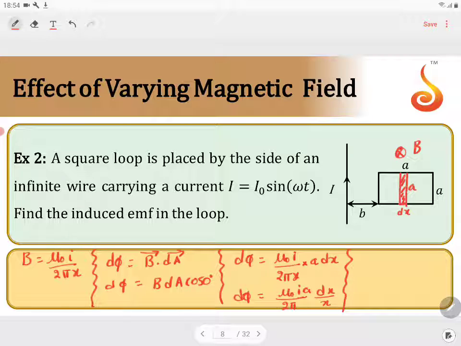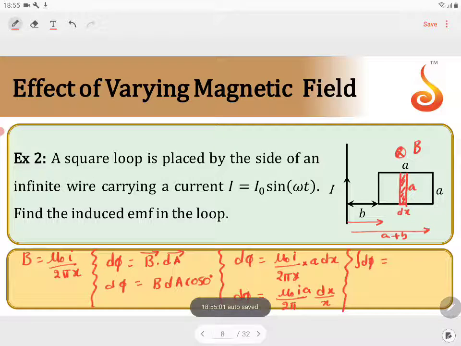To get the total amount of flux, we have to integrate. So the x value varies from b to a plus b. So this is b, this is a plus b. So it is mu naught I a by 2 pi integral dx divided by x, from b to a plus b.